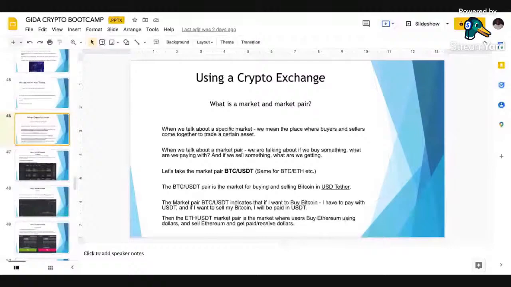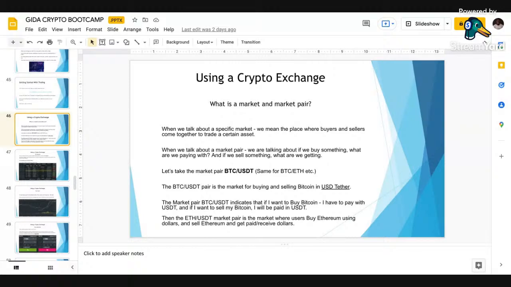Then you can look for that specific pair within that market. Do you understand? And like I mentioned before, when we talk about a specific pair like the BTC/USDT market pair or the BTC/ETH pair, if we have Nigerian Naira, we'll say the BTC/Nigerian Naira pair. What does that mean?